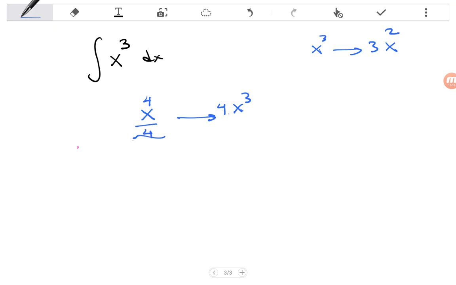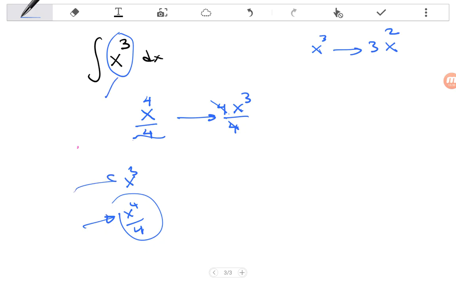I will divide by 4. So I will call it the antiderivative of x power 3. What is the antiderivative of x power 3? It is x power 4 over 4. That is the function. If I differentiate it, I will get the function inside the integral.